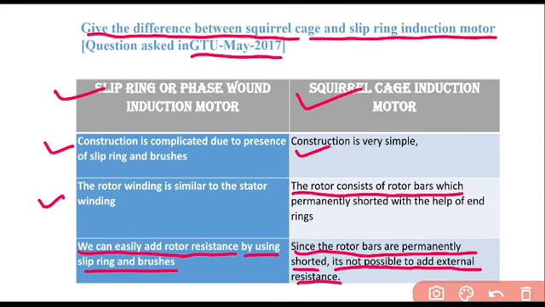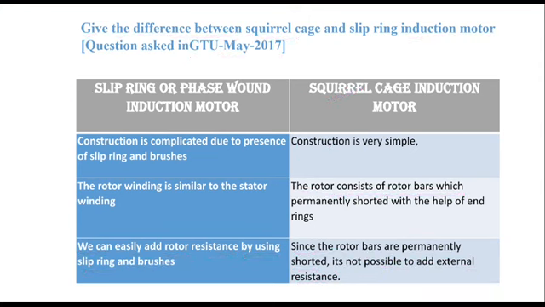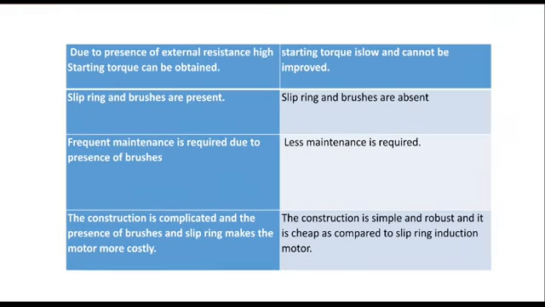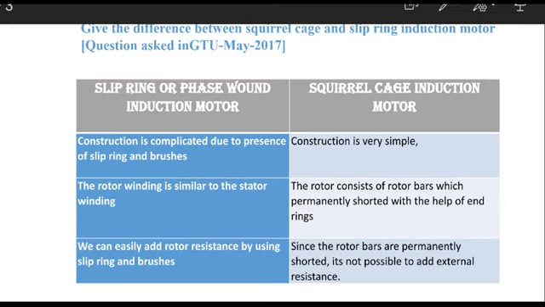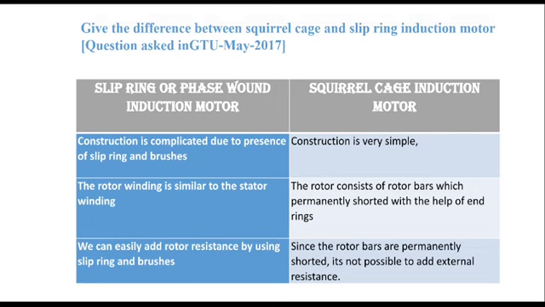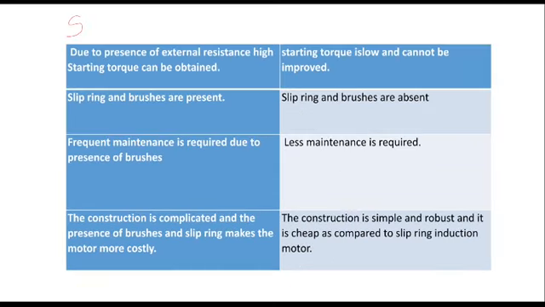Okay, for your better understanding, just a moment, I will show you. The first one is the slip ring induction motor and the next one is the squirrel cage induction motor.